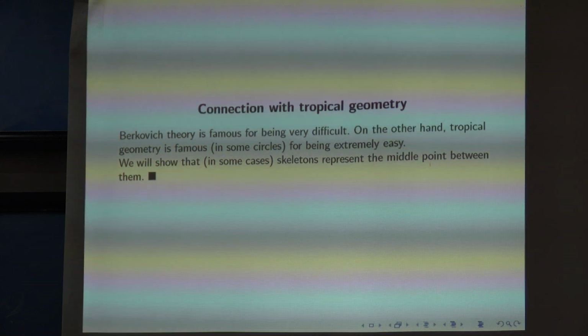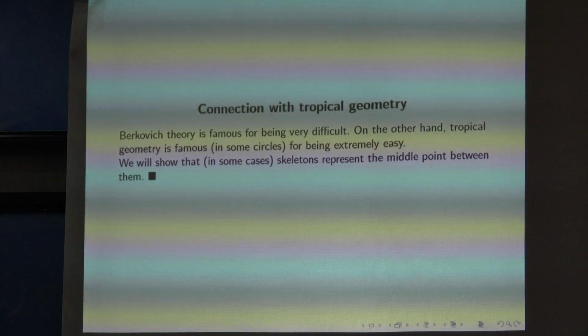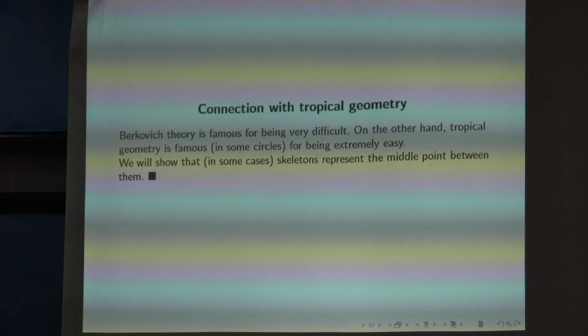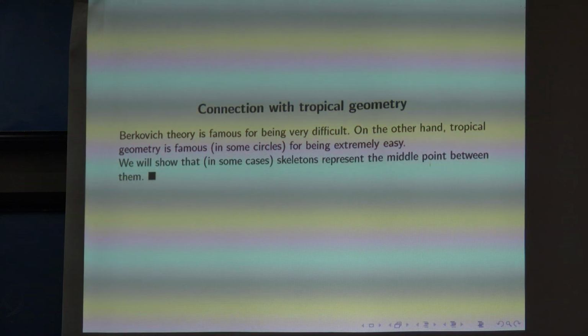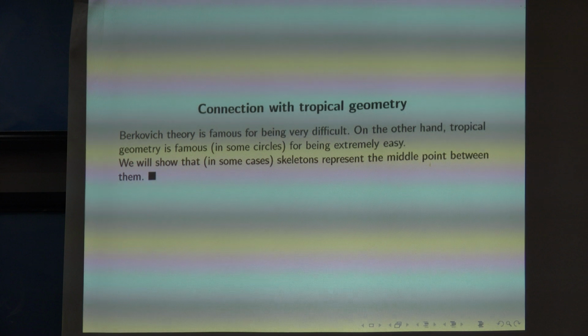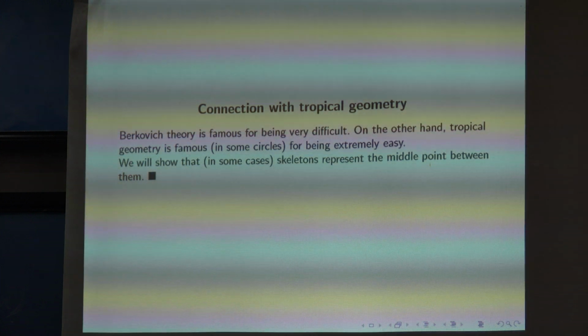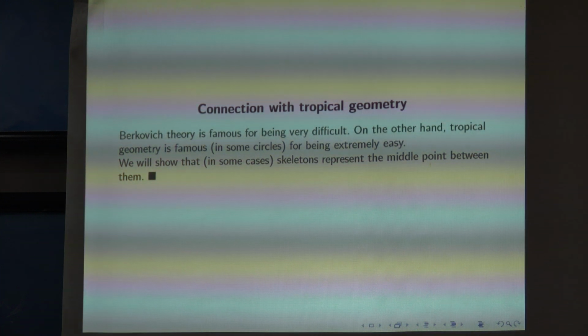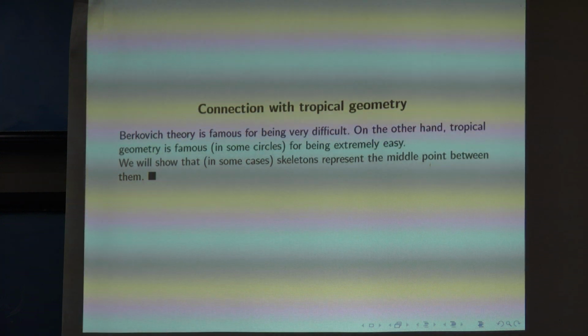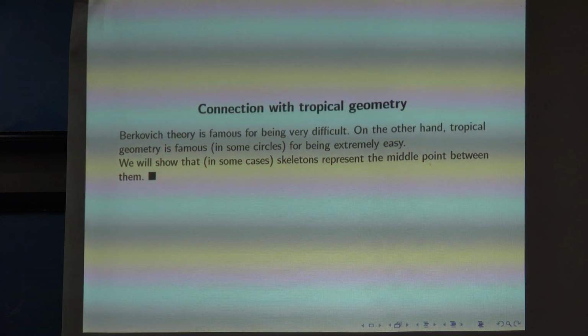But on the other side of the spectrum, when you tell some circles that you are doing tropical geometry, they think that you are doing child's games, like metric graphs or piecewise linear objects inside some R^n, and they just don't care about what you do because they think this is not important.